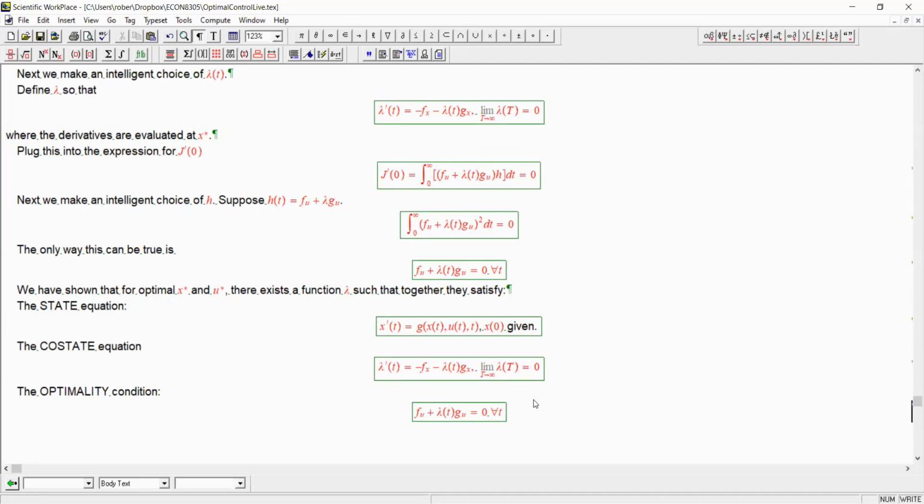And all of them are pretty straightforward to compute in the case of any particular application. We'll look at some examples together later on. Now, this may remind you somewhat of Lagrangian or Kuhn-Tucker conditions.